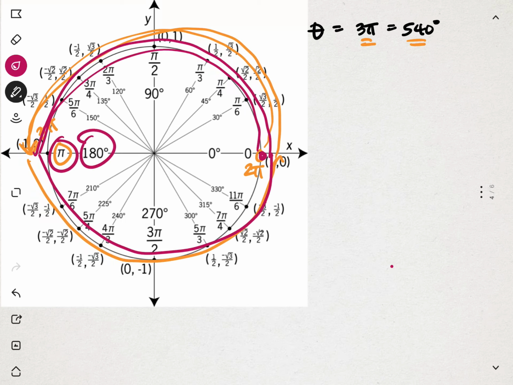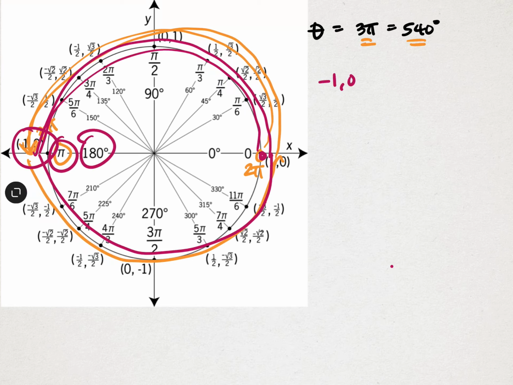Anytime we have a bigger angle than 2 pi or 360 degrees, that just means we're going around the unit circle more than once. So we're going to use all the information from our unit circle at this point. Sorry, it's kind of obscured right there, but we have -1, 0 as our point.